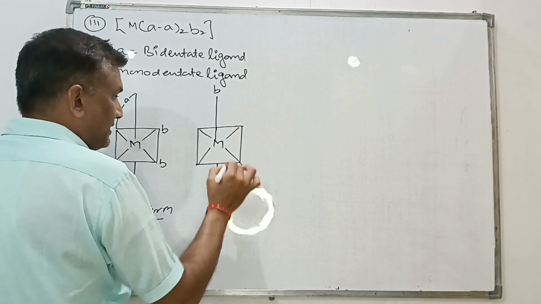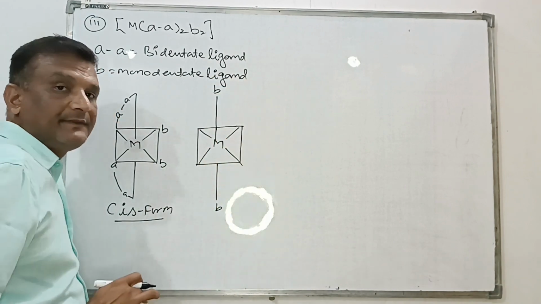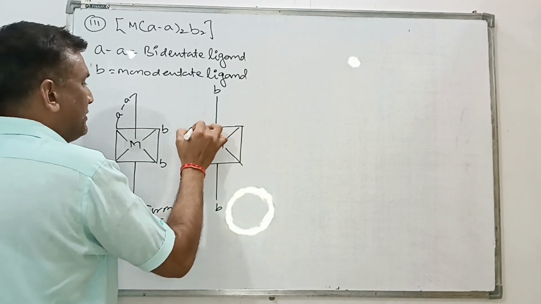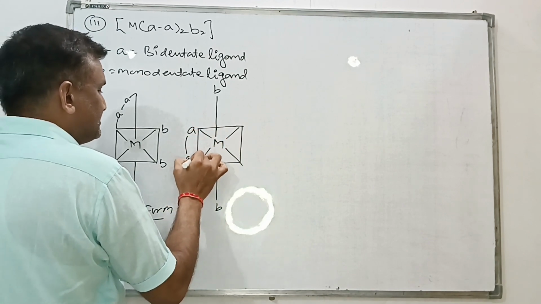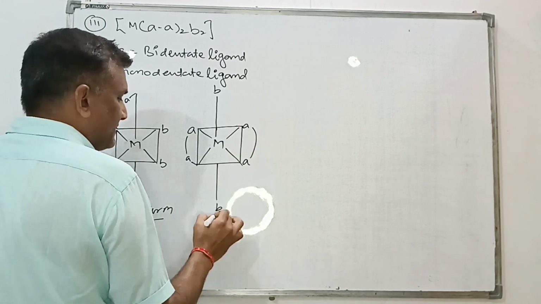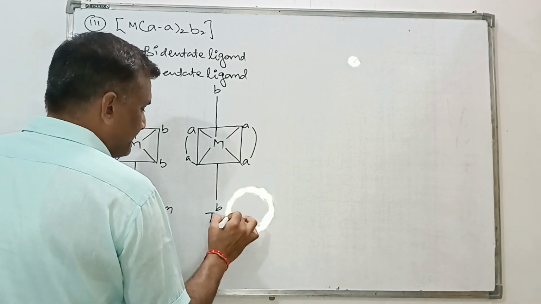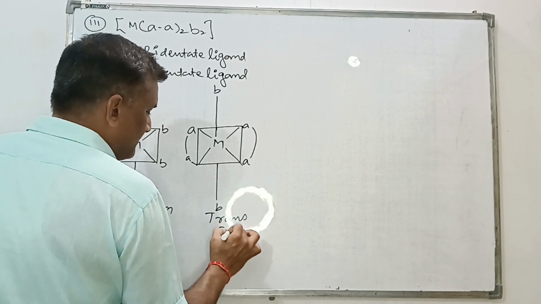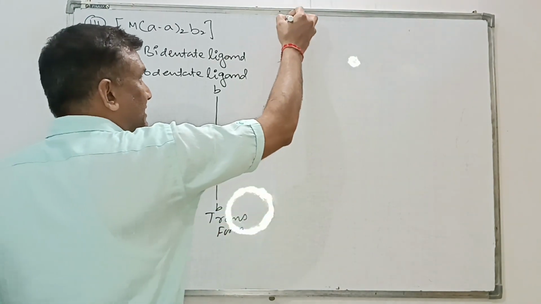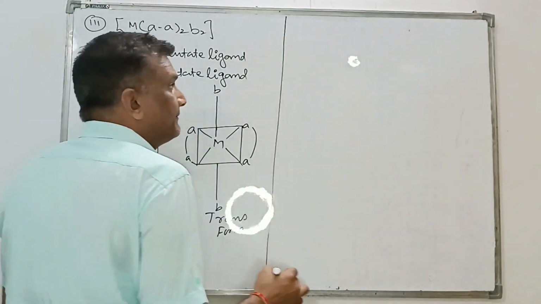B and B at the angle of 180 degrees. And just A bond A as a bidentate ligand like this. This is A bond A. Then this is called the trans form.